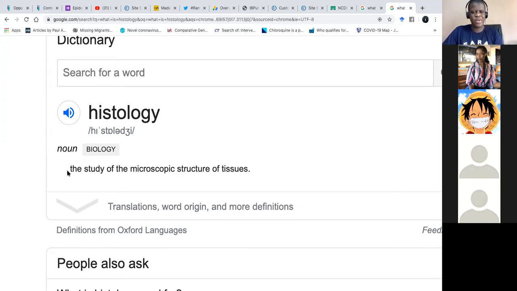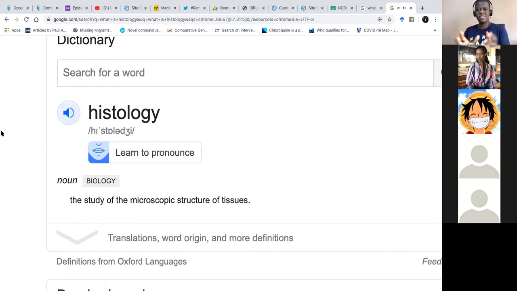Which is why we are pulling up our microscopy. The study of the microscopic structure of tissue is histology. Now there is a difference. We have histology and we have histopathology. This is how you pronounce it: histology.